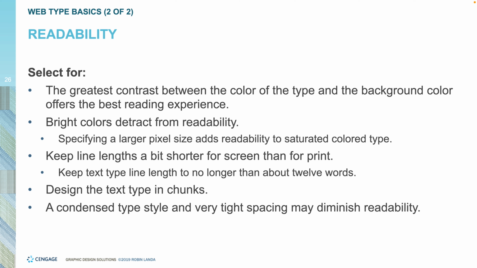Also start to think about how you can chunk your type, breaking these things up so we don't have to read really big, long areas of type. And since we talk about space and we have to deal with pixels, you probably want to stay away from condensed type when we get into anything web, anything screen-based.